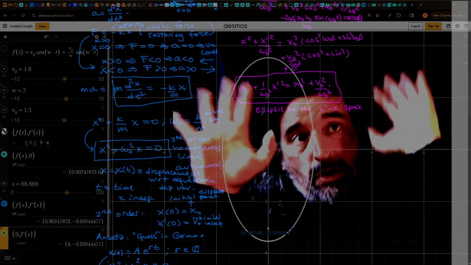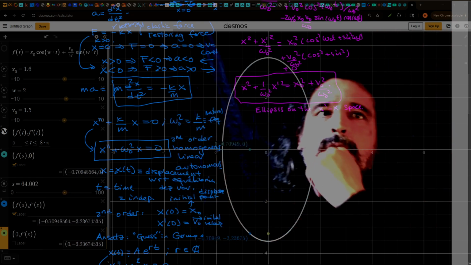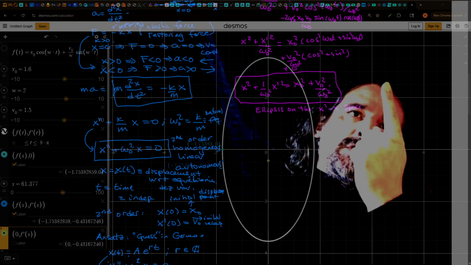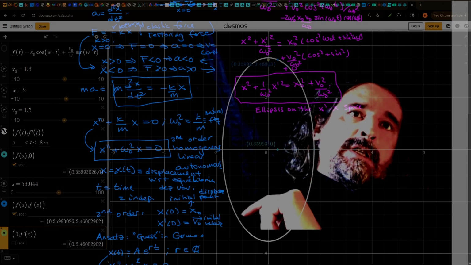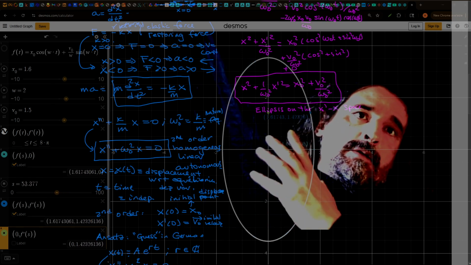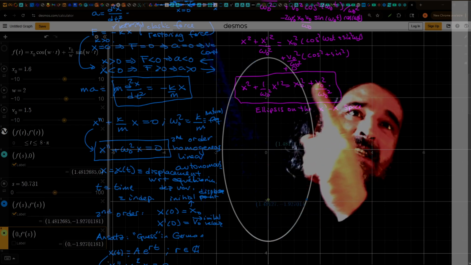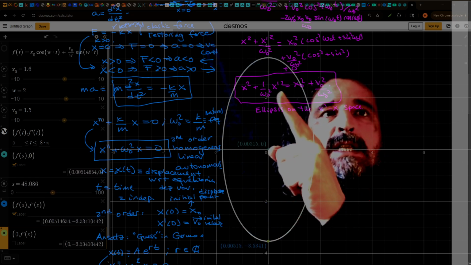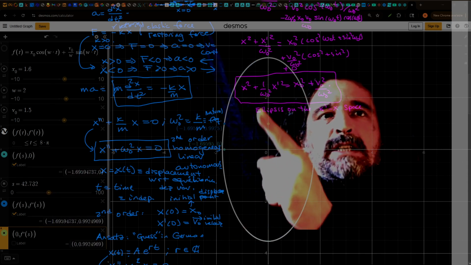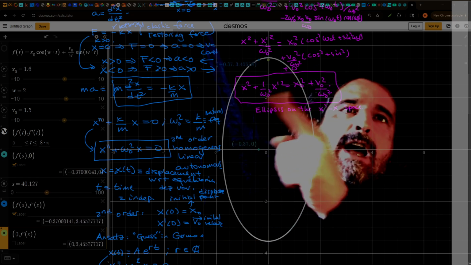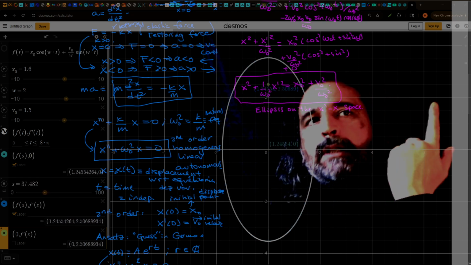So if you have gone through these derivations, and by the way, this is going to be kinetic energy plus potential energy. So that is going to be the energy of your system. That is the kinetic energy, and that is the potential energy, particularly once you put factors of a half and stuff like that in front.